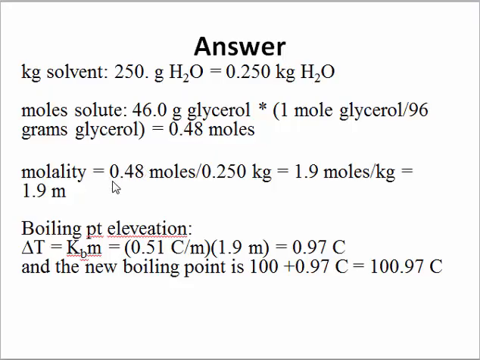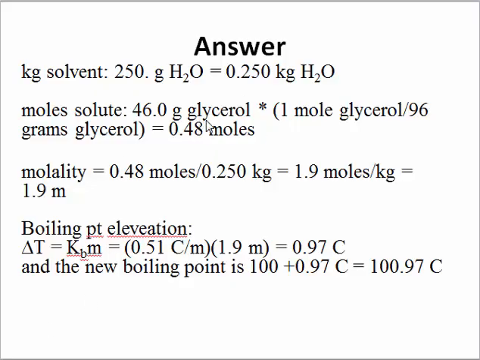The molality is then moles per kilogram, and we obtain 1.9 molal. The boiling point elevation is then Kb times the molality, or 0.97 Celsius, or in this case 1 degree. And the new boiling point is 100.97, or pretty close to 101 Celsius.